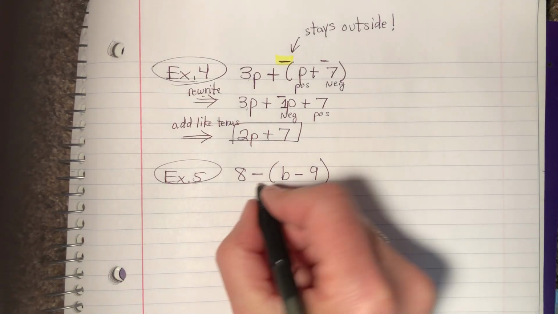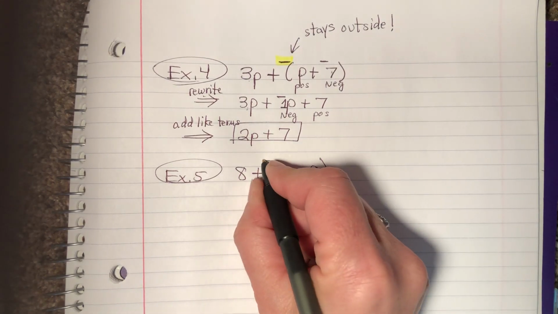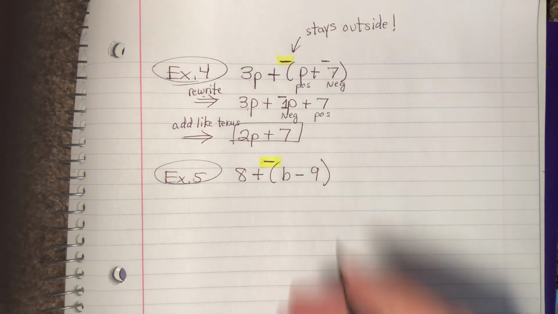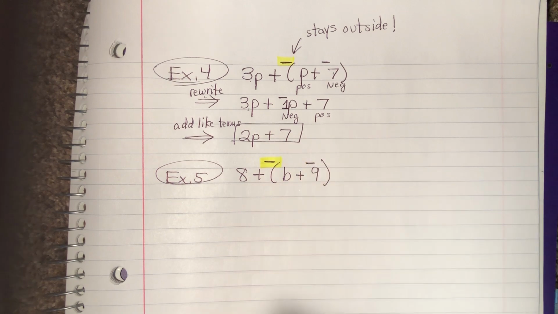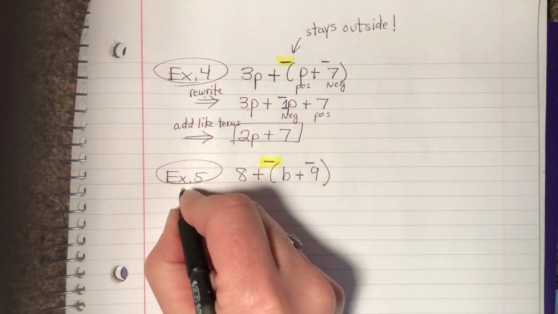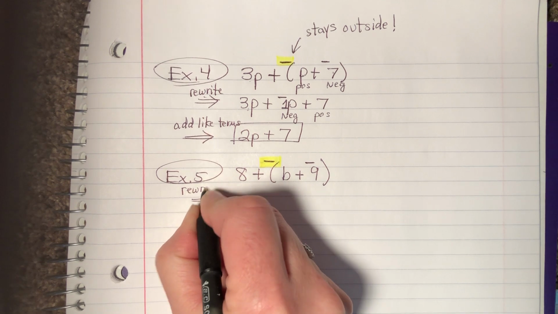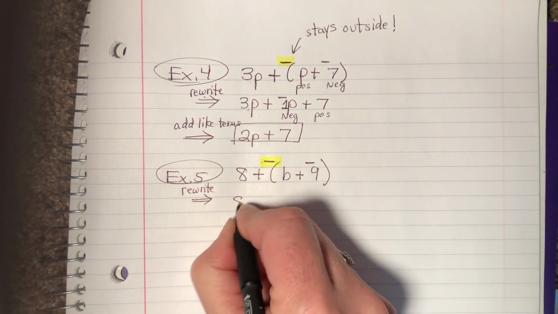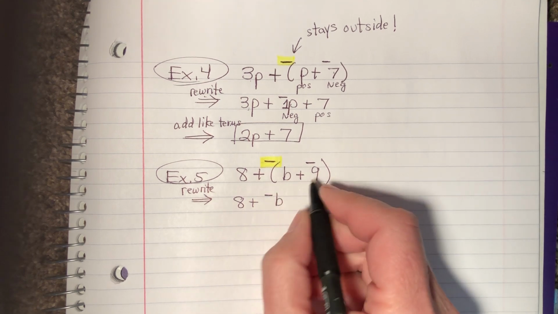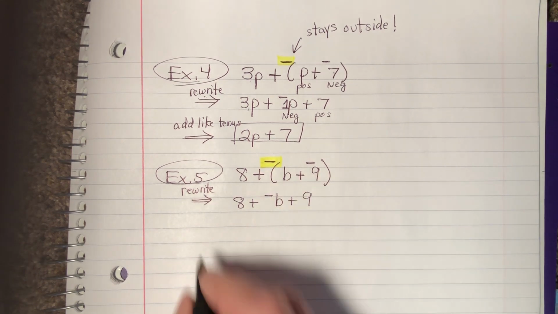Okay, keep change. Notice where this is. Keep change. Then rewrite. So 8 plus positive b, negative 9, positive 9.